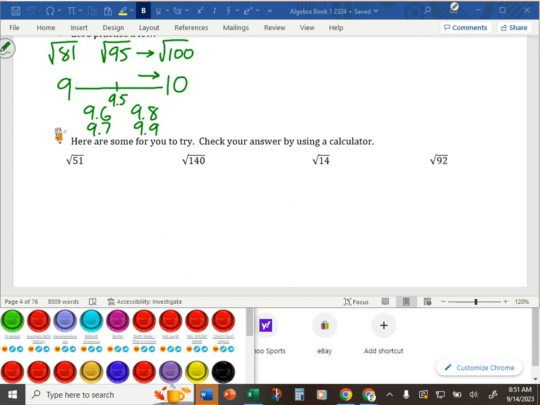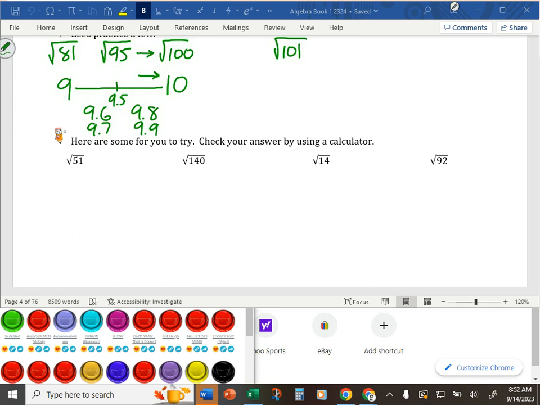Okay. Christopher, give me a number between 50 and 225. 101. Estimate for me the root of 101.